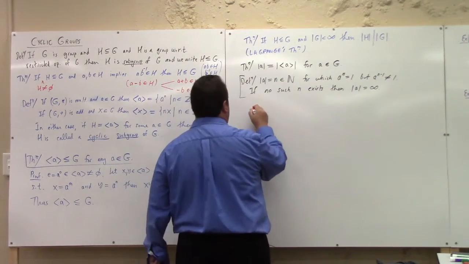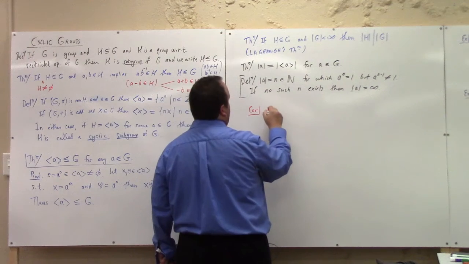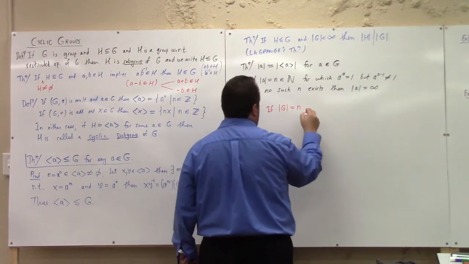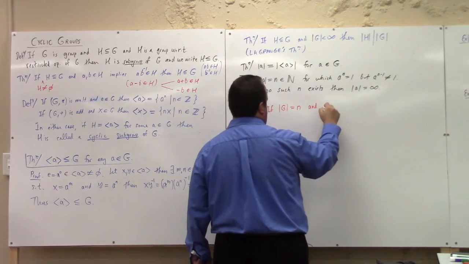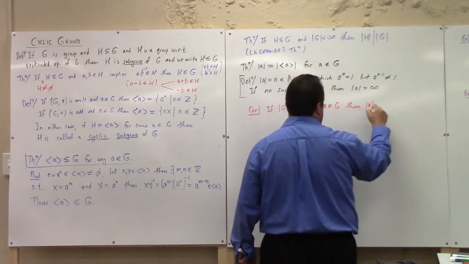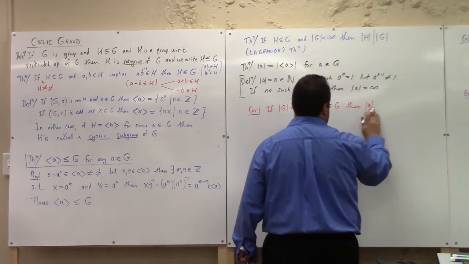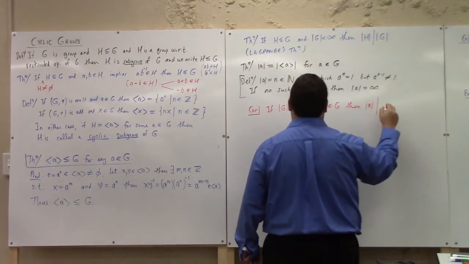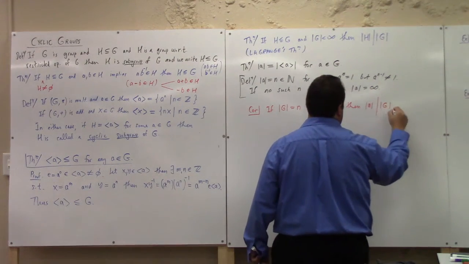Sort of a corollary here: if the order of G is equal to n, and A is an element of G, then the order of A is a divisor of the order of G. It divides the order of G.